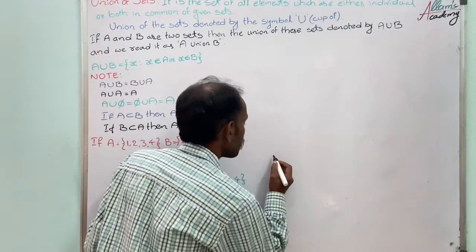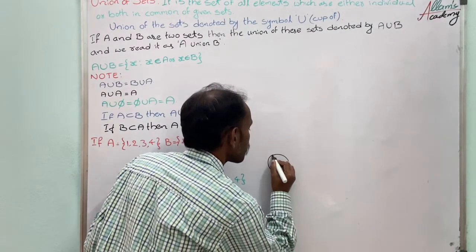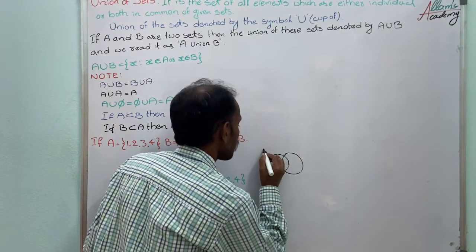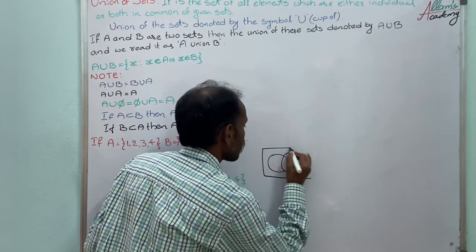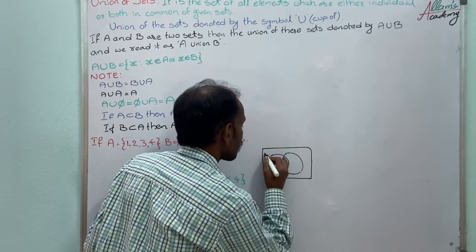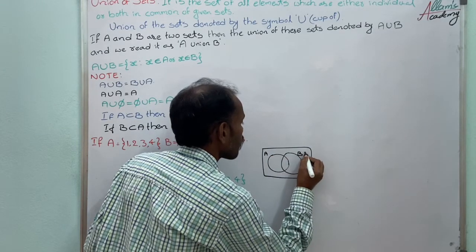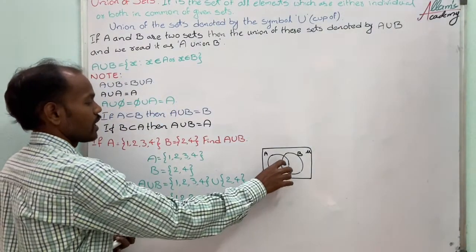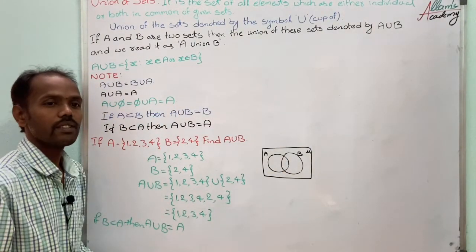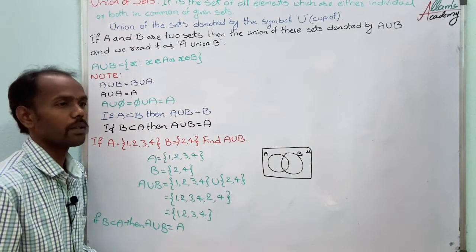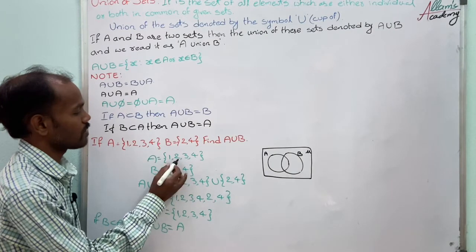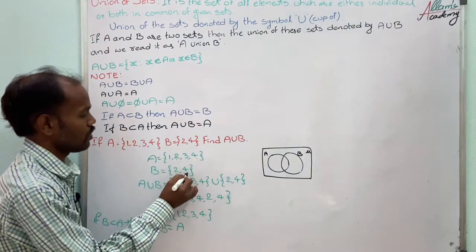So here, in the common space, as we said, we write the elements that both sets contained. Both sets contained the elements 2, 4.